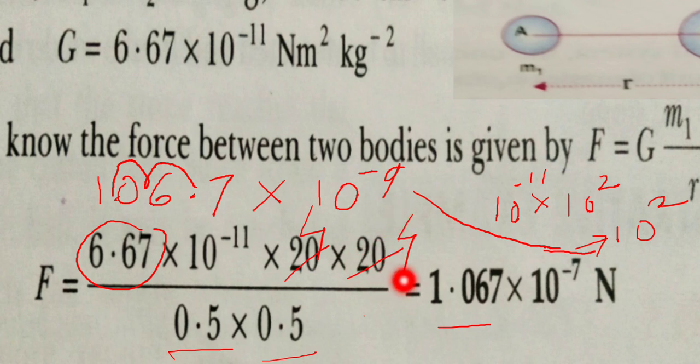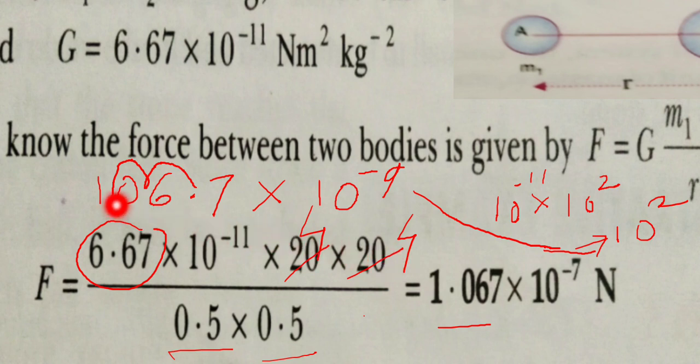When you do this, the decimal sign goes and you will get 5 into 5, and in the numerator 10 raised to 2. Now you can cut: 1 into 5 is 5, 4 fours are 16, you will get 16, and then you will multiply 6.67 into 16.